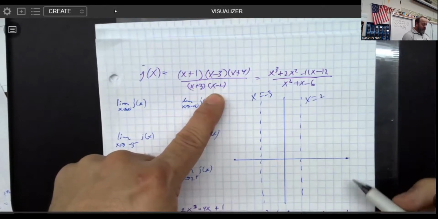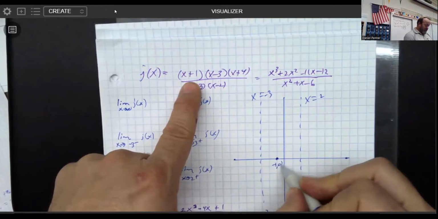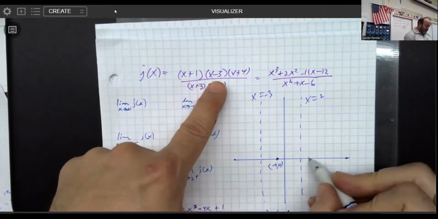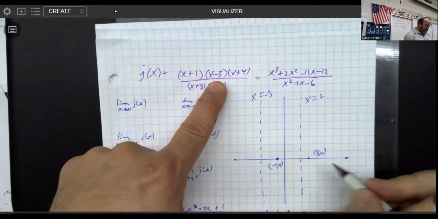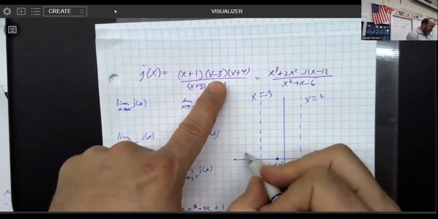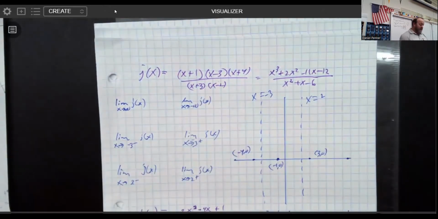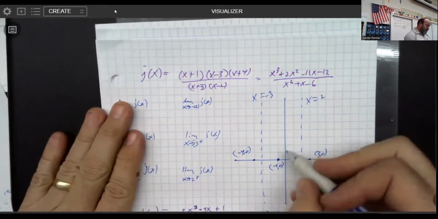We also have a root at negative 1, a root at positive 3, and a root at negative 4. And last but not least, if we were to plug in 0 for x, I can see a y-intercept of the number 2.